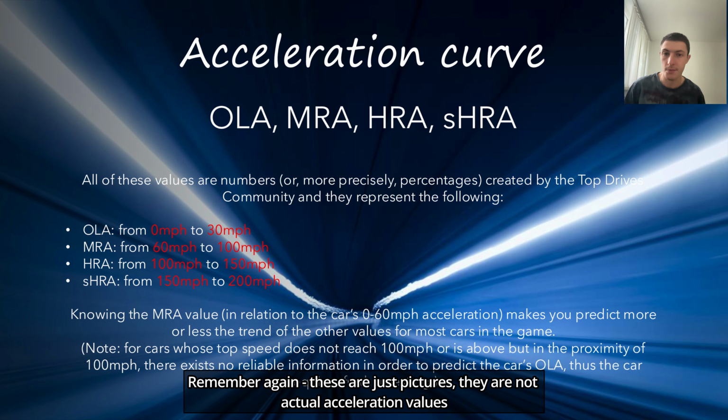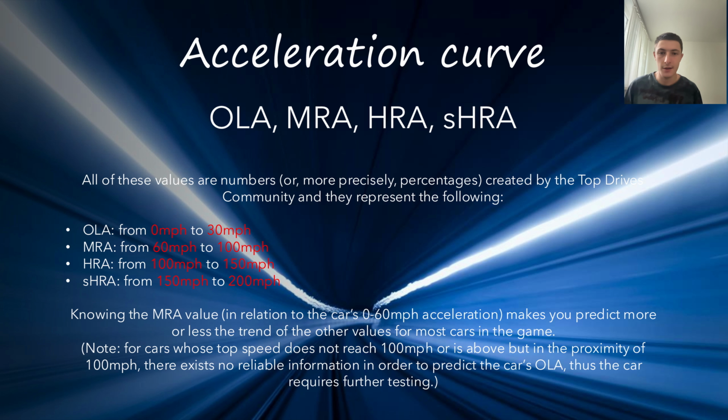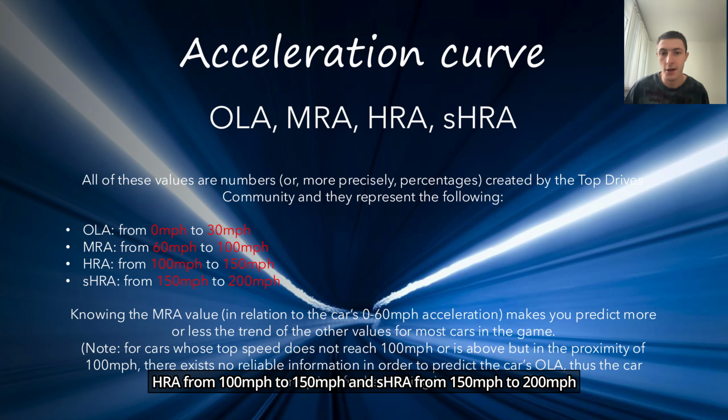Remember again, they're not actual acceleration values, they're just ratios with respect to our 0 to 60. They are defined, for example, as OLA from 0 to 30, MRA from 60 to 100, HRA from 100 to 150, and Super HRA from 150 to 200.